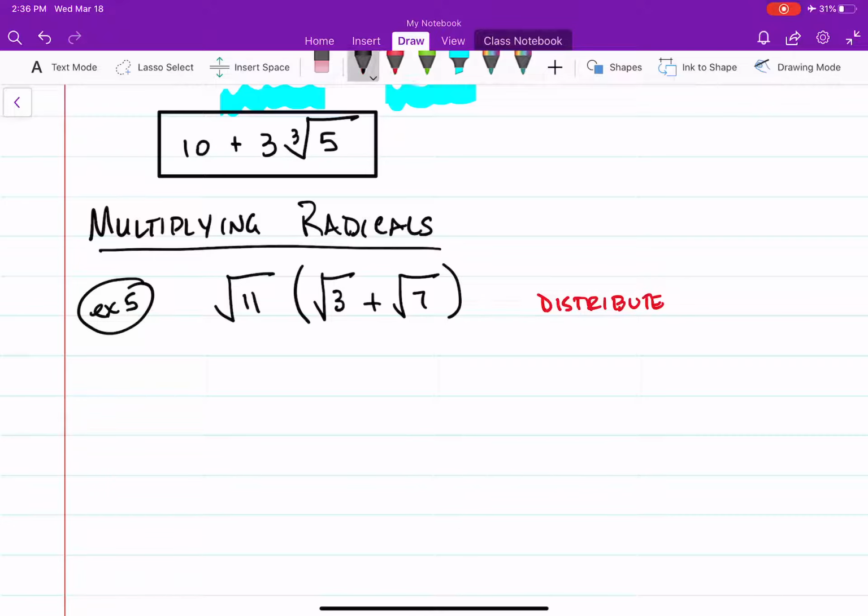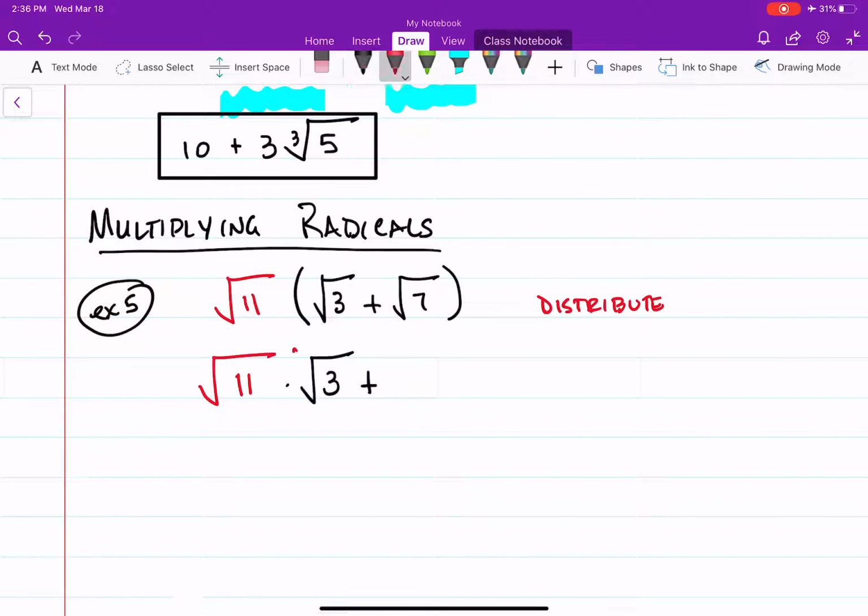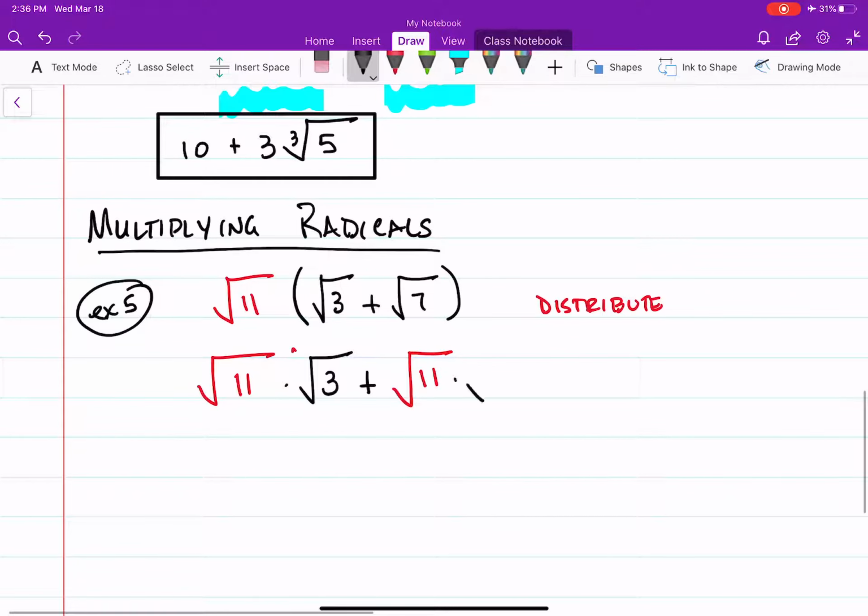Okay, so what I would have is, actually, you know what I'm going to do? I'm going to make this red. All right, so therefore we have a square root of 11 times the square root of 3 plus square root of 11 times the square root of 7.